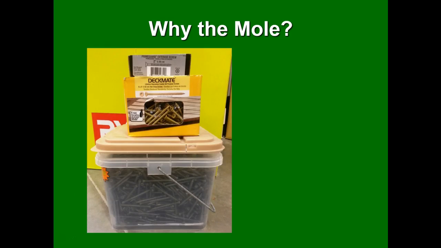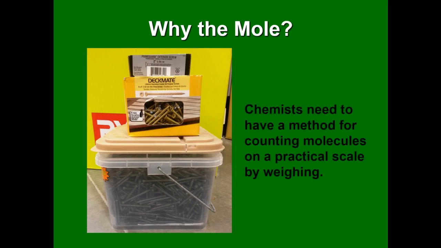And so we, as chemists, count things the same way that perhaps someone who is going to build a large building, or at least a large deck in their backyard, counts things when they go to Lowe's or Home Depot to buy stuff. Instead of counting individually 1, 2, 3, 4, we count by weighing.